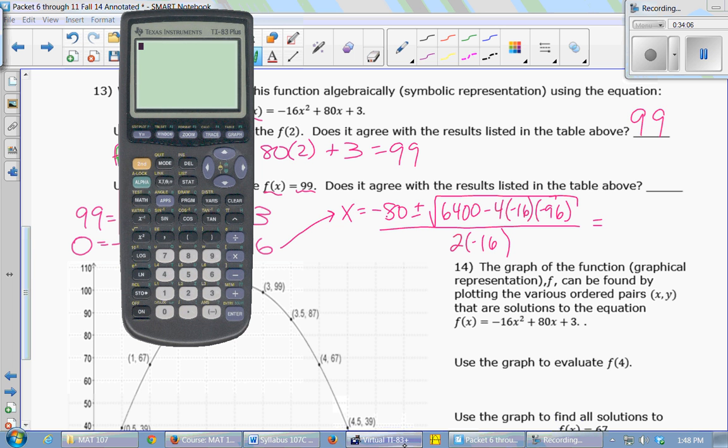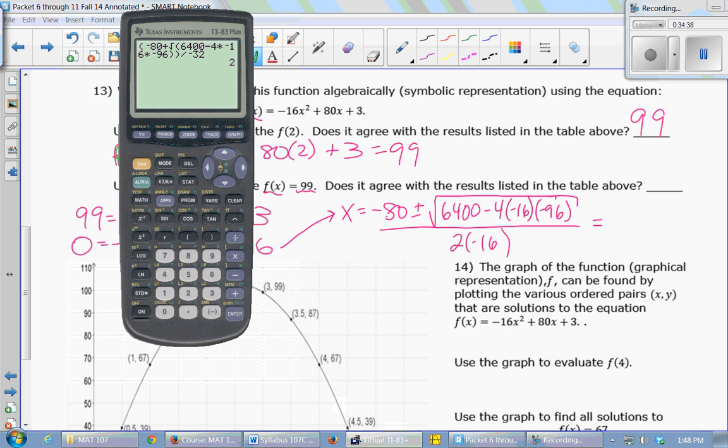So let's have my calculator do the work here. Negative 80 plus, I'll do the plus first, the square root of 6,400 minus 4 times negative 16 times negative 96. And then I'm going to divide all that by negative 32, 2 times negative 16. And I get 2.